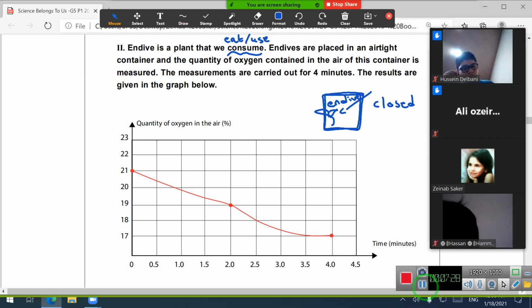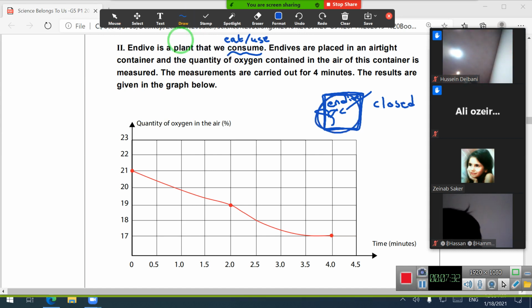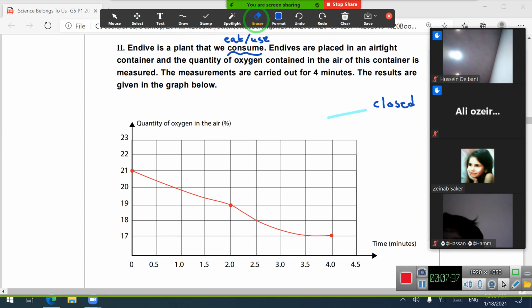The amount of oxygen is inside the container only. We place this endive plant in a container and we measure the amount of oxygen inside it.